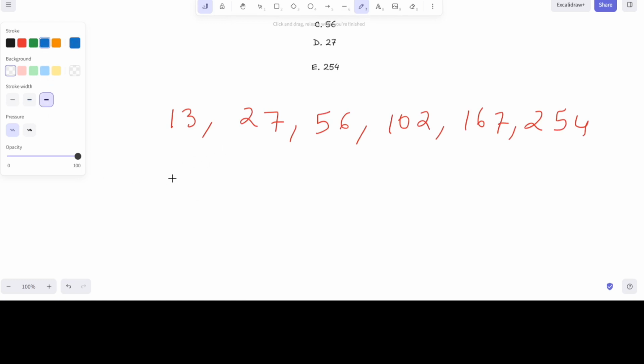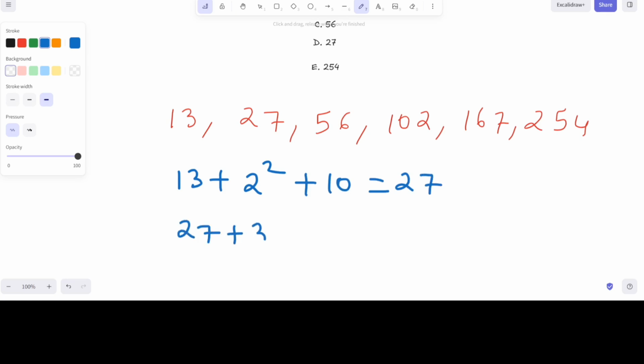We know 13 plus 2 square, that is 4, plus 10 equal to 27. Similarly, 27 plus 3 square is 9, plus 20 equal to 56, right?